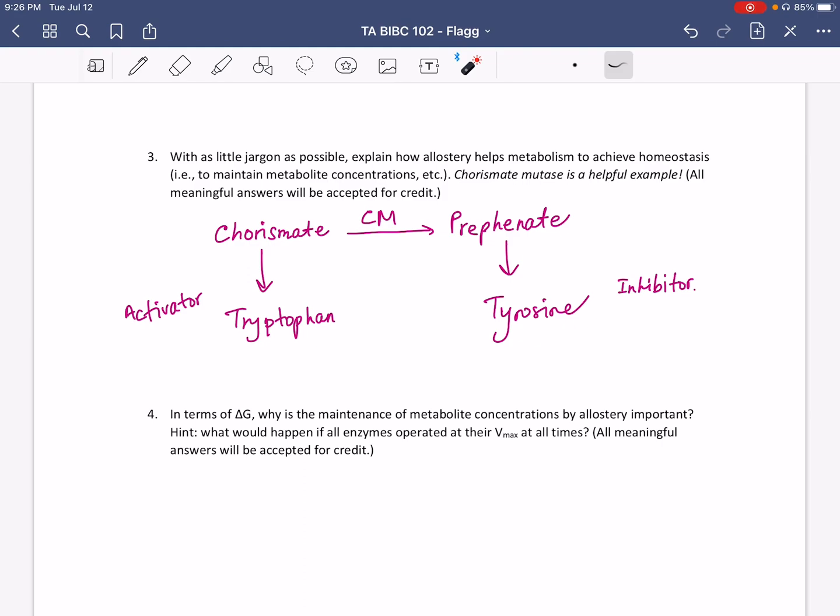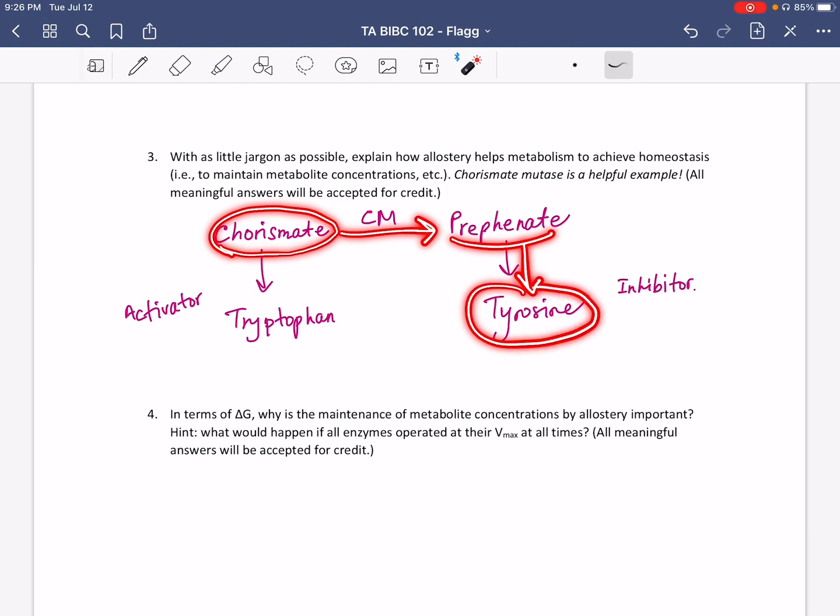Now, let's say we're starting this question from the fact that there's a lot of tryptophan. Let's just say that's our starting point. If there's a lot of tryptophan and it's an activator of chorismate mutase, then it will activate chorismate mutase, pushing whatever amounts of chorismate there are this way, turning it into prephenate, then finally turning it into tyrosine.